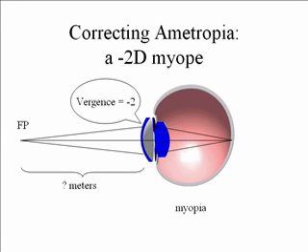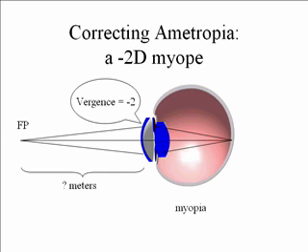Now, let's take the case of a -2 diopter myope. I'm going to take the liberty here of pretending that a -2 diopter myope means -2 diopters at the cornea plane. In fact, it does not. And when we deal with vertex distance later on in the series of lectures, we'll see that there's an important distinction between someone who's -2 at the spectacle plane and someone who's -2 at the corneal plane.